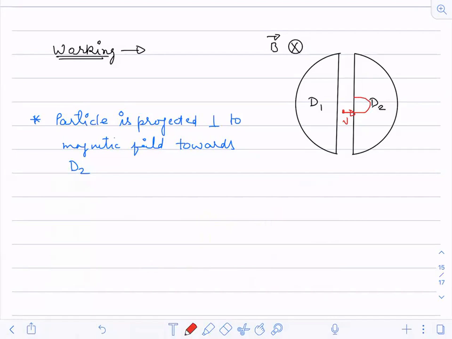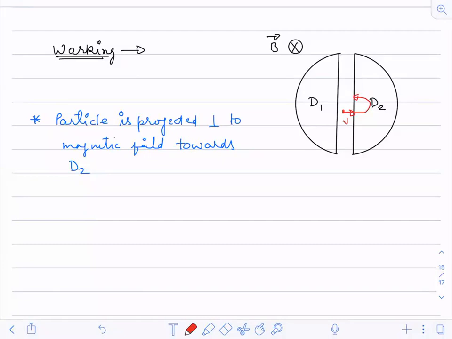I am saying circular, you are writing helical. At 90 degree it will go to helical path, that is what you have studied yesterday. So it will move in a circular path in the presence of magnetic field.